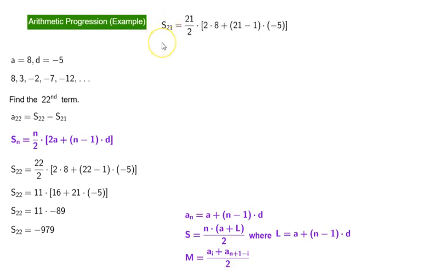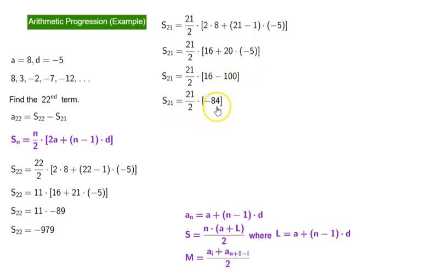Similarly, we find the sum of the first 21 terms, which is equal to 21 by 2 times (2A, that is 2 times 8, plus (21 minus 1) times D, which is minus 5). Simplifying, 21 by 2 times (16 plus 20 times minus 5), which gives us 16 minus 100, so 21 by 2 times minus 84, which gives us minus 882.